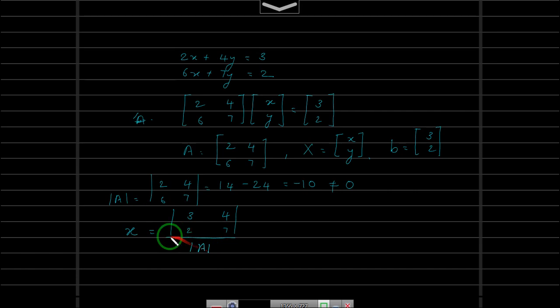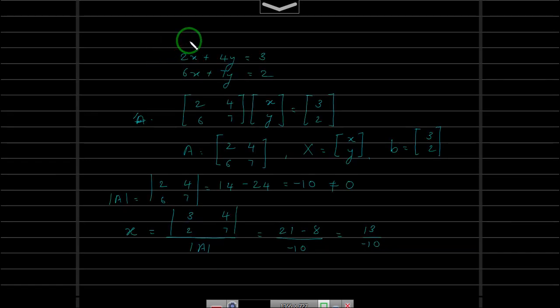Let us not write all this because we already calculated it. So this is equal to 3 into 7, which is 21, minus 8, divided by the determinant of A, we got minus 10, and this is nothing but 13 upon minus 10. Right? So this is the value of x.